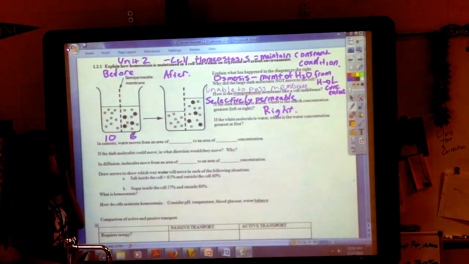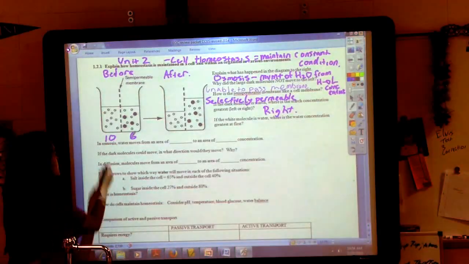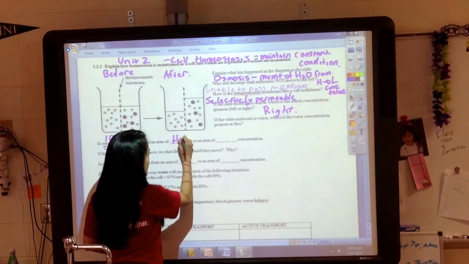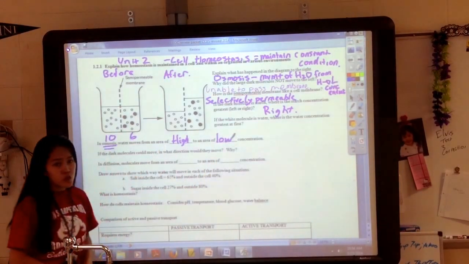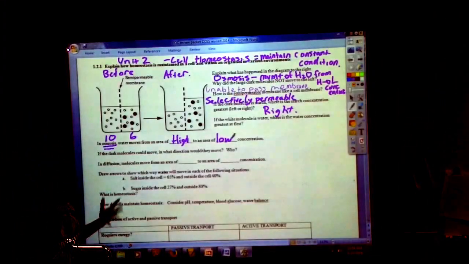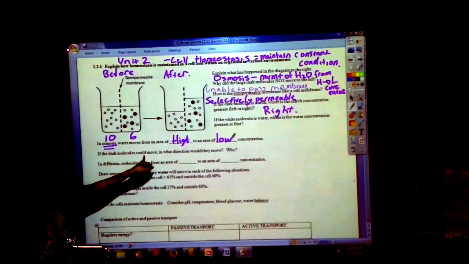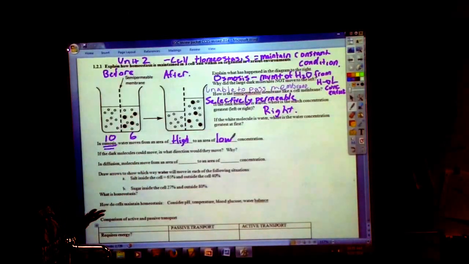In the next one, it says, in osmosis, water moves from an area of blank to an area of blank concentration. So here we have osmosis again. We're moving from an area of high to low. Same thing happens with diffusion, except diffusion can be the movement of any molecule. Next, if the dark molecules could move, in what direction would they move and why?